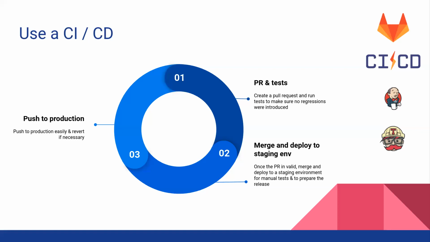So step 2 here means that we are going to be able to build and have our project ready to deploy to the users at any time. And lastly, the continuous deployment means that we will be able to deploy the project that we have built in step 2 very easily to a production environment.